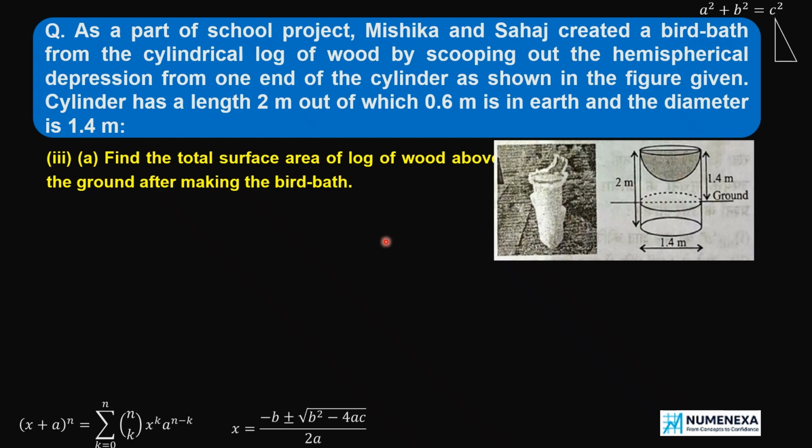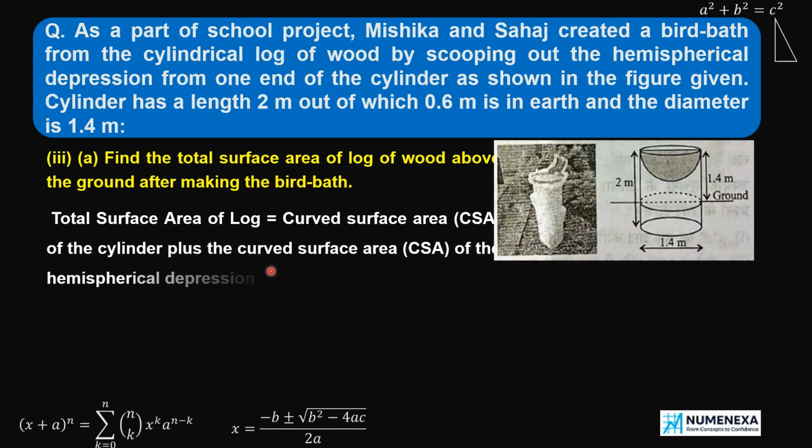I can put it like this: the total surface area of the log of wood equals the curved surface area of the cylinder plus the curved surface area of the hemispherical depression.